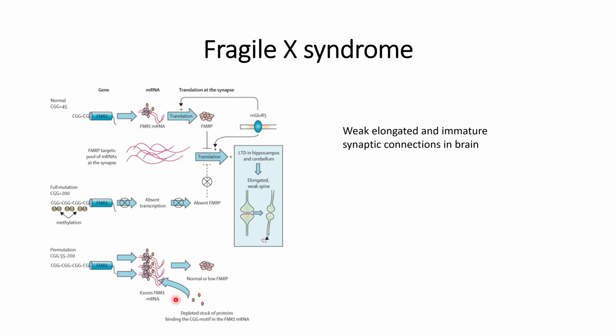If the interaction is low between the proteins and the excess mRNA of FMR1, then a high amount of FMRP protein is formed. Otherwise, if the interaction is high, then less mRNA is left to convert into FMRP. This will lead to low FMRP protein production, and low FMRP production will lead to less control over mGlu-R5. So this will lead to further elongation of the weak spine.